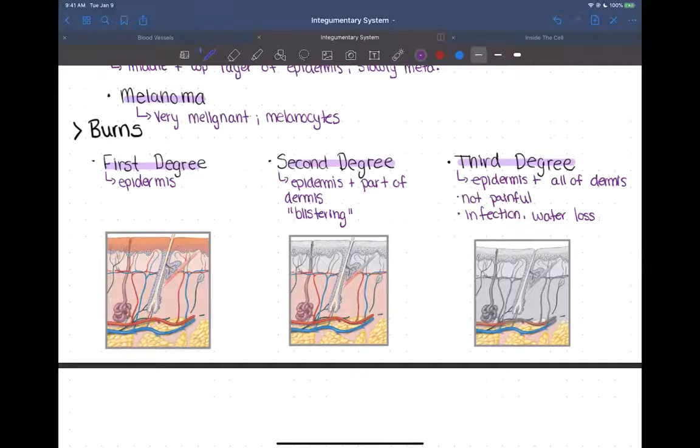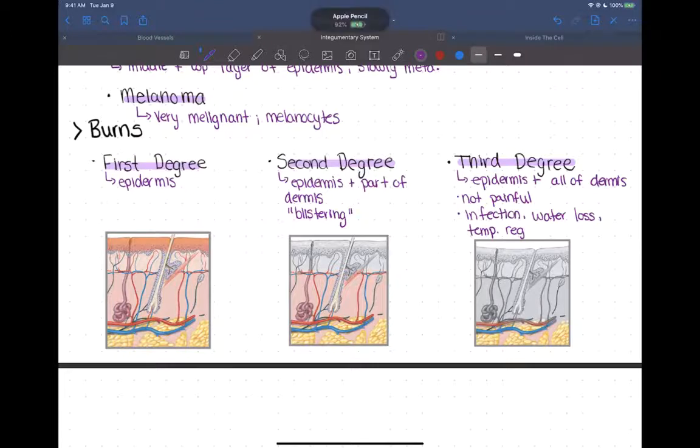And then they also don't have the skin acting for temperature regulation. And so frequently burn patients will have a problem with regulating their temperature. And so they can't sweat, all right? They also don't have the skin insulating and helping to regulate the temperature, okay?